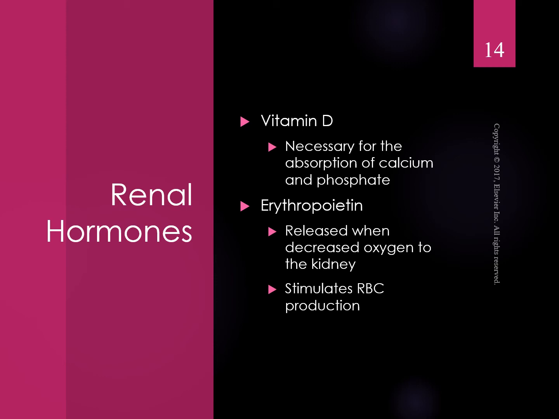It stimulates RBC production, and it's stimulated by the tissue hypoxia secondary to anemia, poor oxygenation, cardiac, and pulmonary etiologies. Chronic kidney disease leads to anemia because of the decreased ability of the kidney to form erythropoietin.